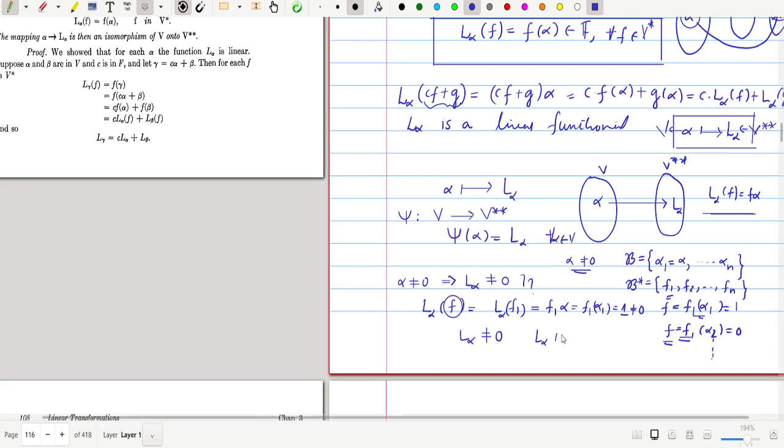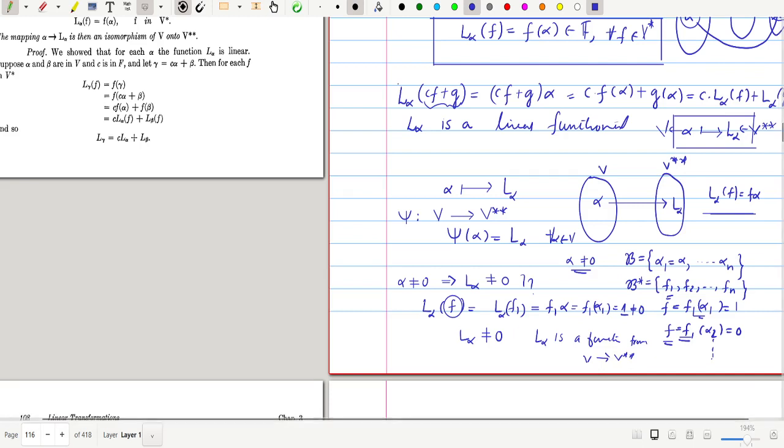L alpha is a function from V to V double star, since L alpha is linear.